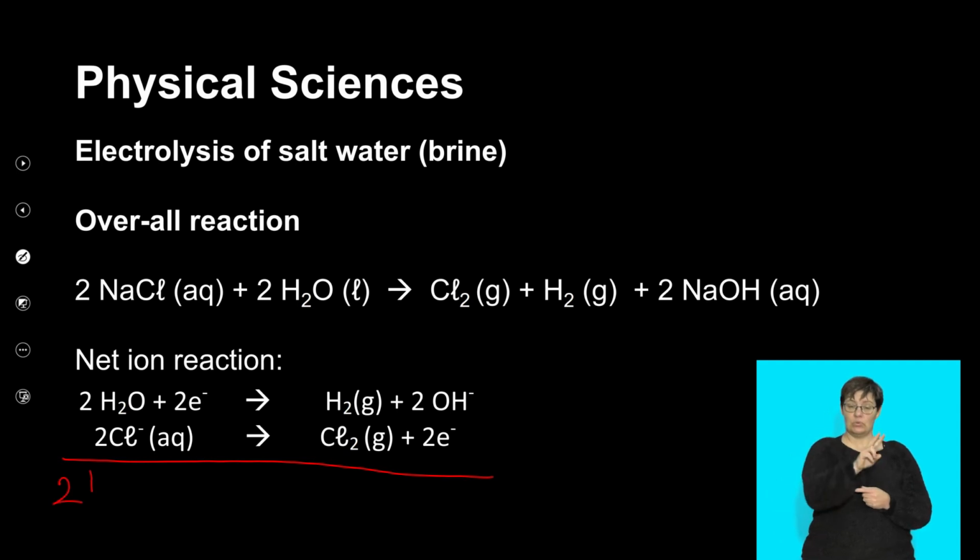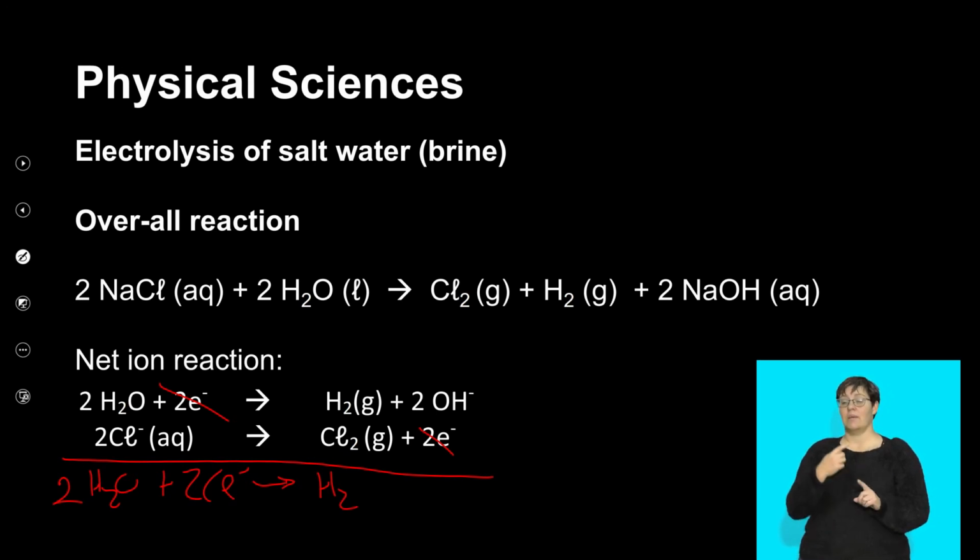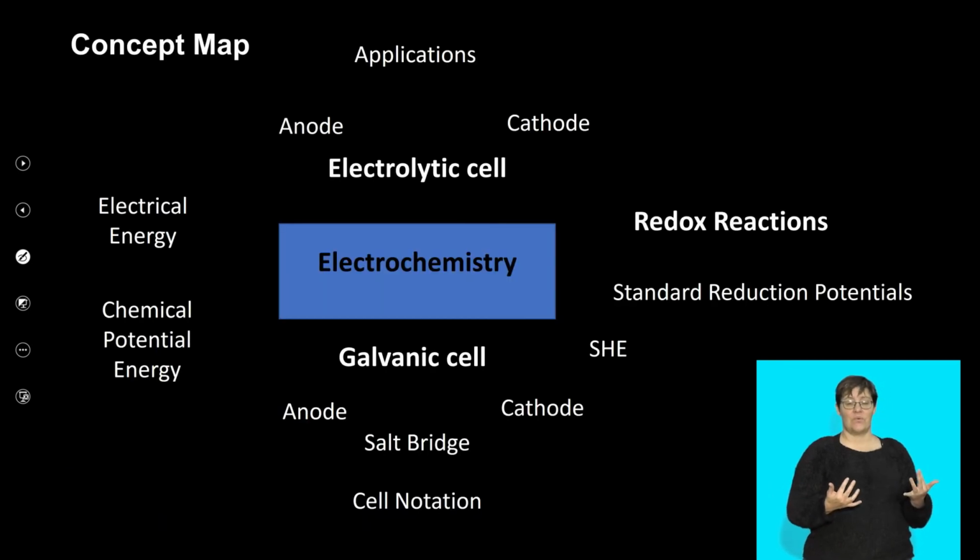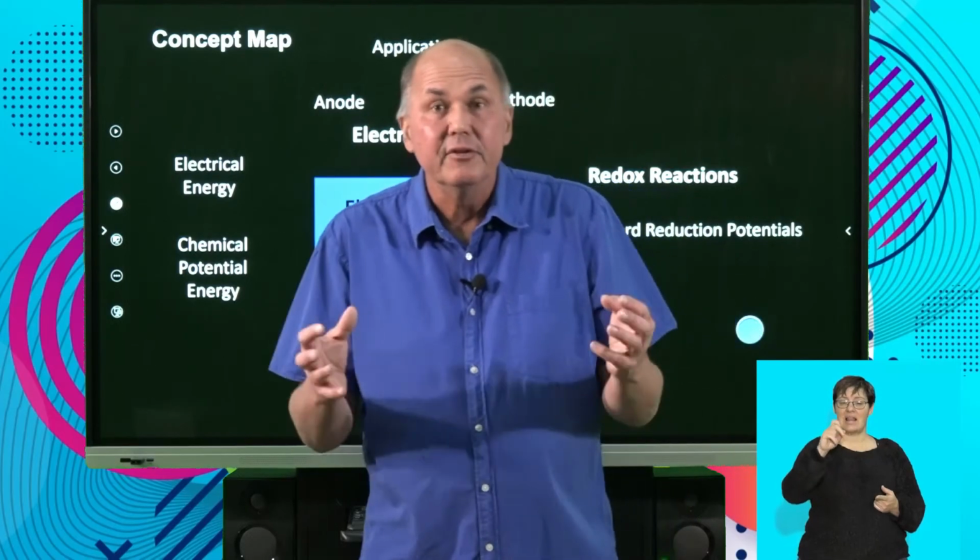Overall, we're going to get 2 H2O. There's 2 electrons are going to cancel out, plus 2 Cl minus, to give us hydrogen at the cathode, and we're going to get chlorine at the anode, and there we've got the principle of how the chlor-alkali industry operates.